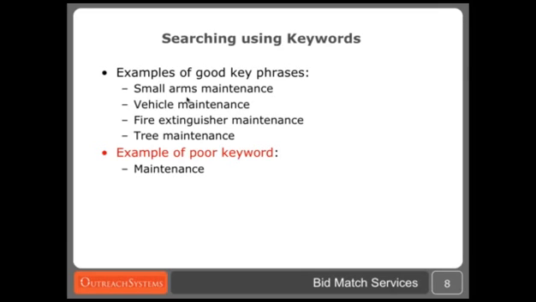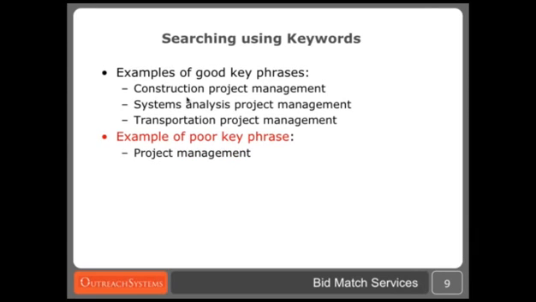Using the simple keyword of maintenance is too generic. It would give you all sorts of matches, not only the 4 that are shown here, but also a wide variety of other matches. So try to be as specific as you possibly can without getting too specific. It's a fine balance, and we again will work with you on trying to find the right keywords, and we'll also give you feedback and recommendations.